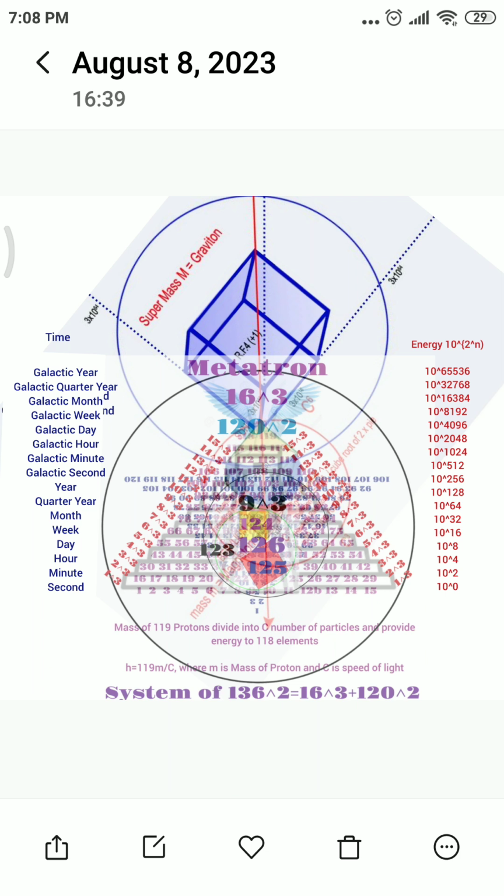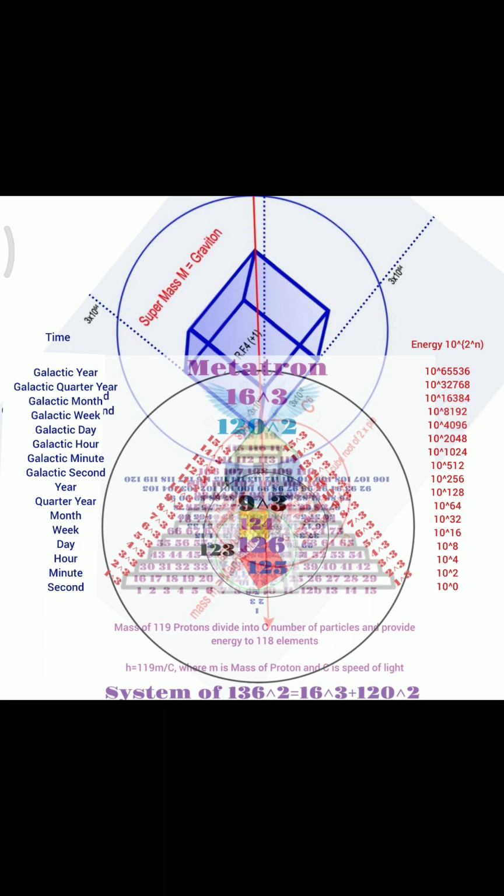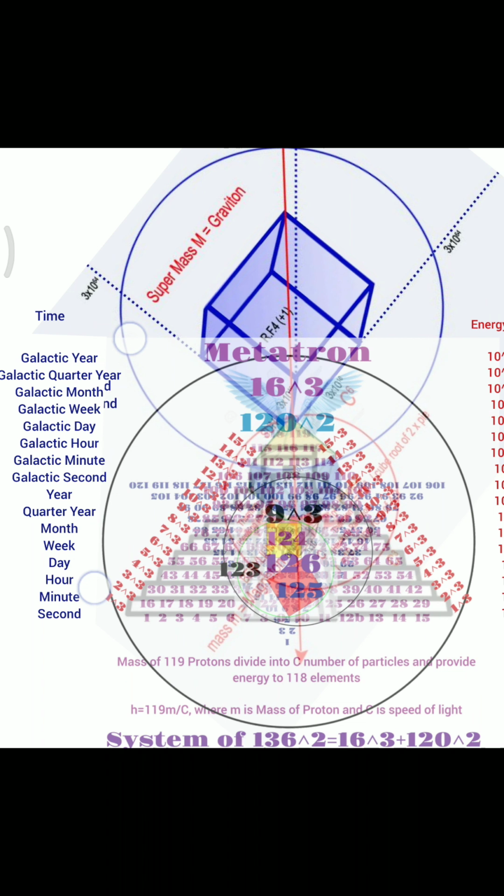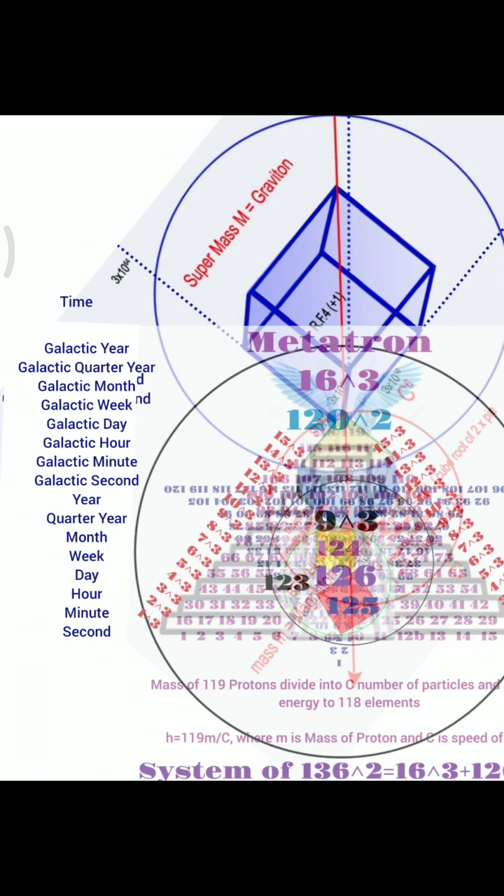And yeah, so these are the energies as usual. And the time also we can represent with these steps. It starts with the second, when it becomes the least, 121 becomes 119.